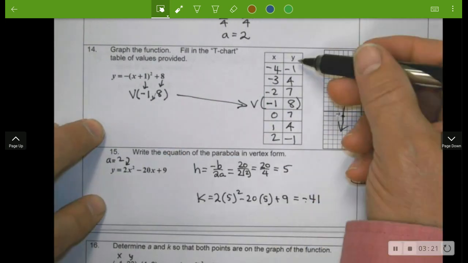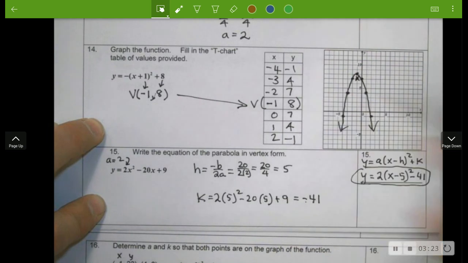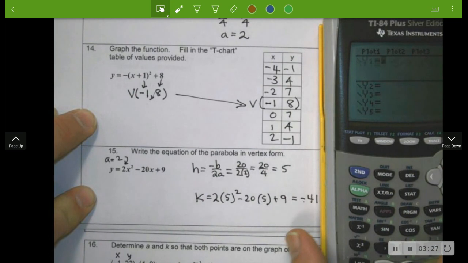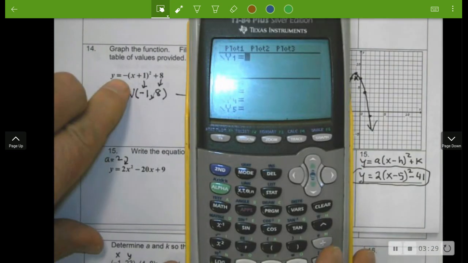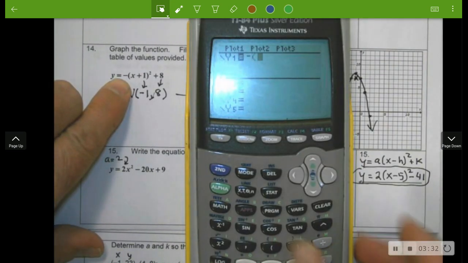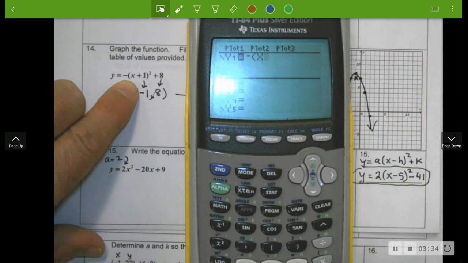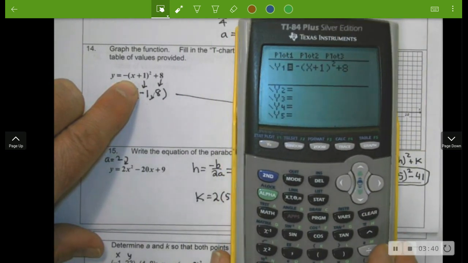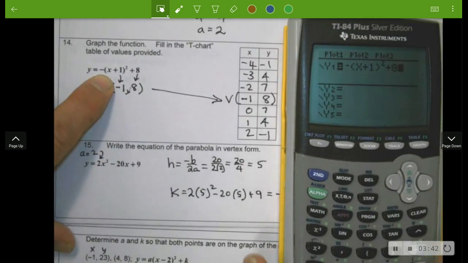Now to get all these y values, I used my calculator. I'll show you how I did that. I went to my y equals key and typed in this equation. Once I get that in there, I'm going to go to my table settings.